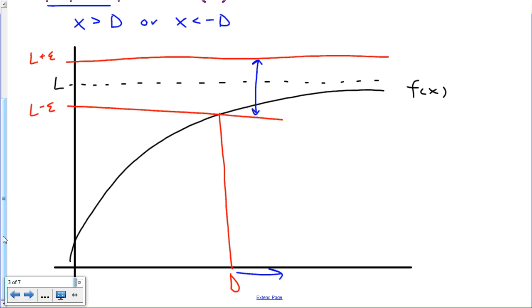That illustrates that as I pick bigger and bigger values of x, I can show that my function gets closer and closer to this value of L, because the red lines would be getting closer and closer. All right, so there's our second definition.